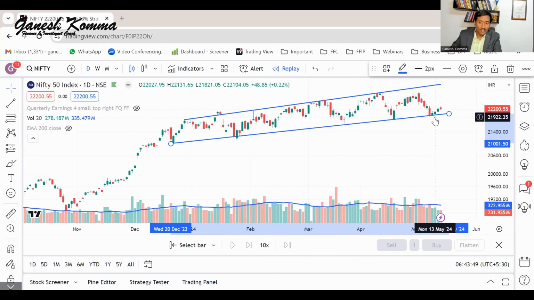But yes, it has formed a base here on 9th May, 10th, 11th, 13th, and even on 14th, and it is slowly reviving, which is a good sign, right? Which is a good sign. And as long as Nifty is moving and if it breaks out of this channel on the topmost side, we can clearly say a strong bull market is going to come.